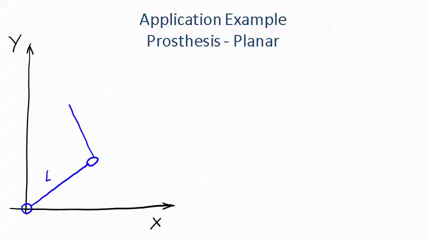Each linkage has a known length, L1 and L2, and we would like to know where this tip will be located. So we can think of this as the shoulder and the elbow joints, or we can think of this as the hip and the knee joint. And we would like to know where this point E is going to be as we rotate about these two joints.